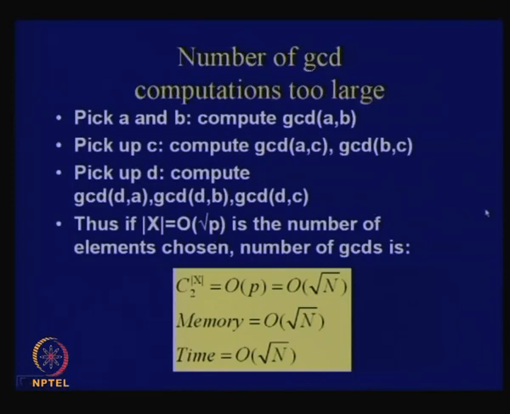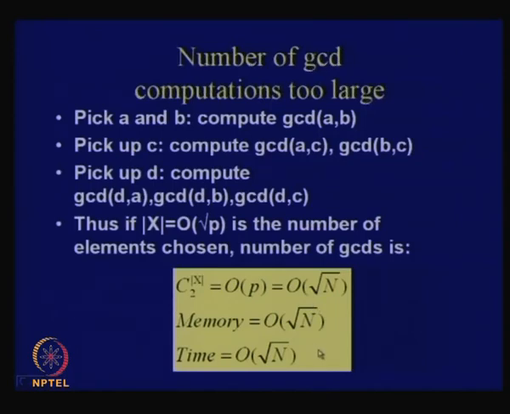But the number of GCD computations you are doing is still of the order of p, because it is square root of p C2. So, the order is still p, and that means the order is still square root of n. Which means the algorithm is no better than the trial division algorithm till now.